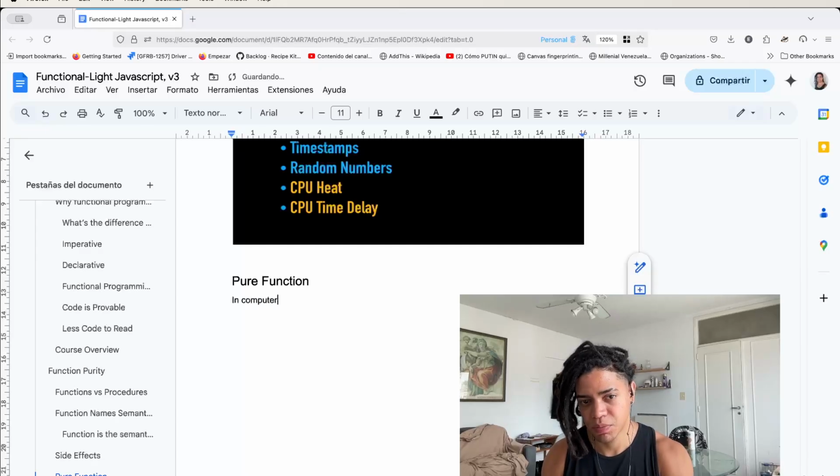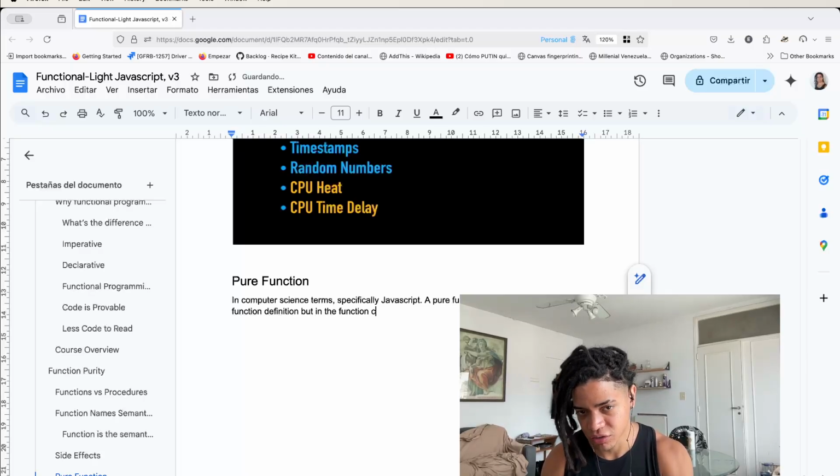In computer science terms, specifically JavaScript, a pure function is not in the sense of the function definition, but in the function call, and that makes a lot of sense.